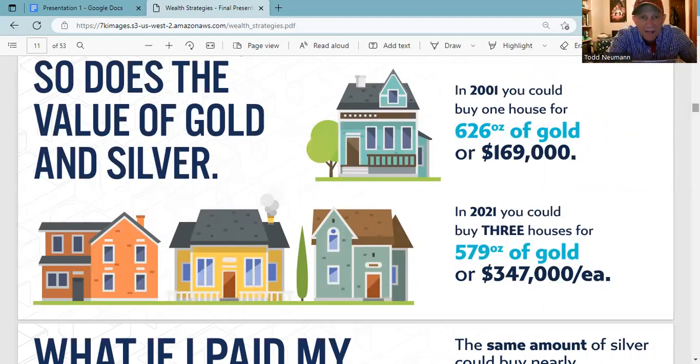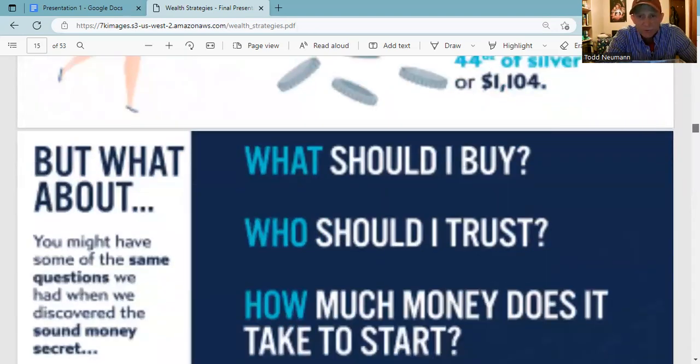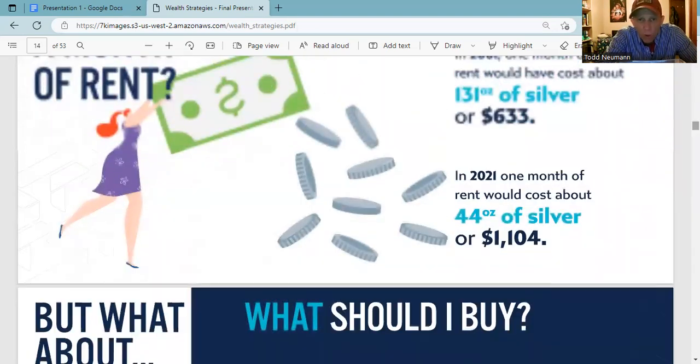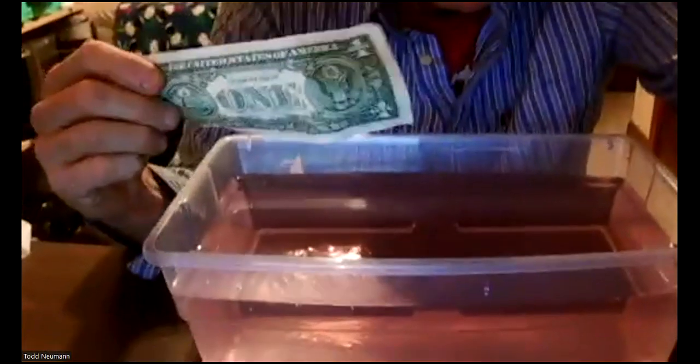Guys, I hope that you now see these examples. I'm going to stop my share. I hope that you can see very clearly how important it is to transfer this diluted dollar.